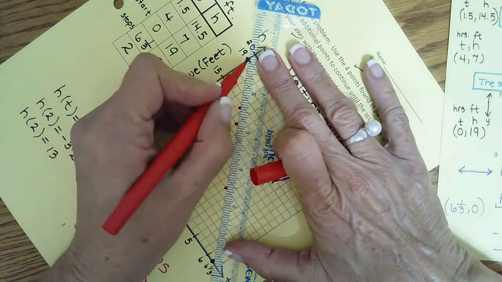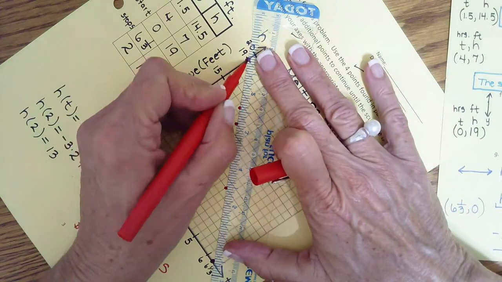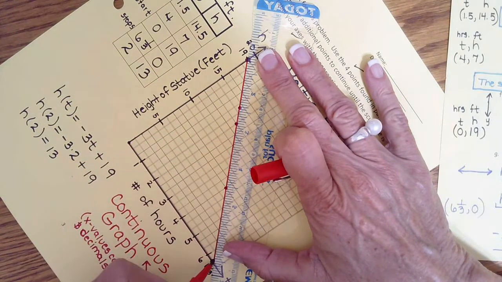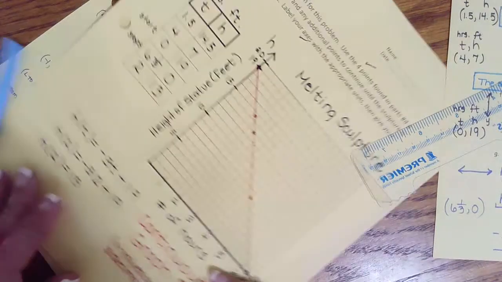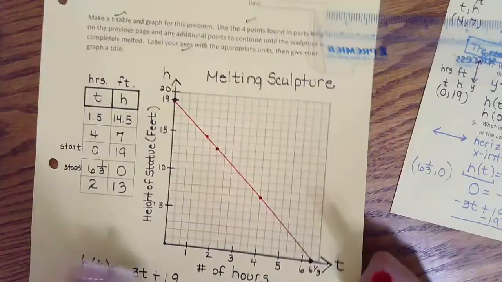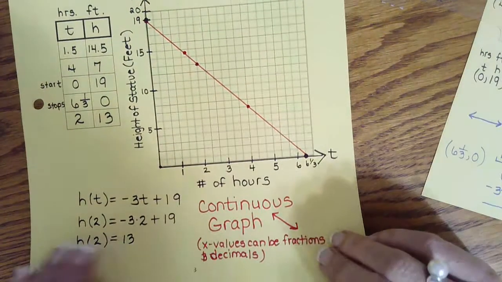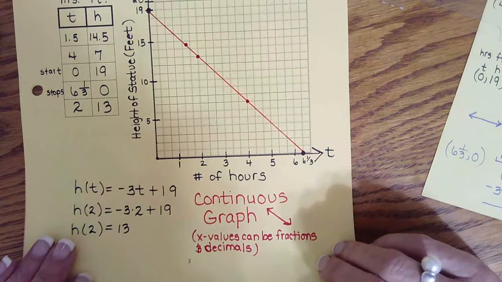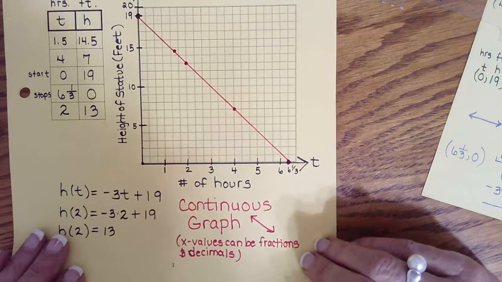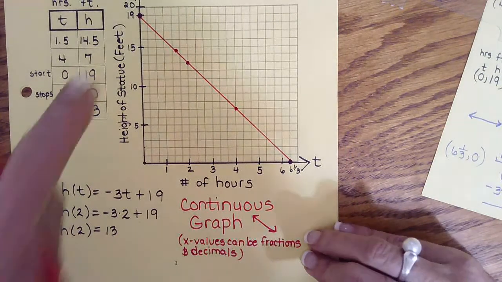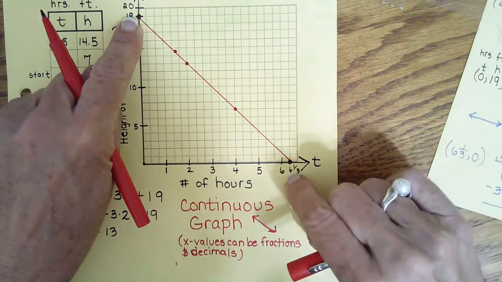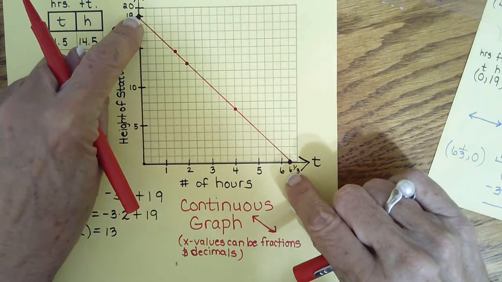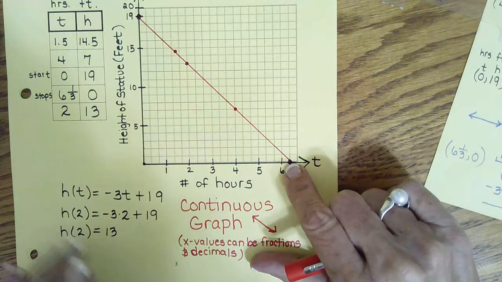So make sure your line just connects the points but doesn't go past either axis. So this is an example of a graph that would not have domain and range negative infinity to positive infinity because there's no arrows. It starts here, it stops there. This is it before it melted. This is it after it completely melted.